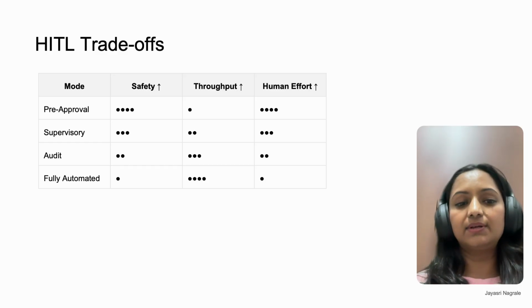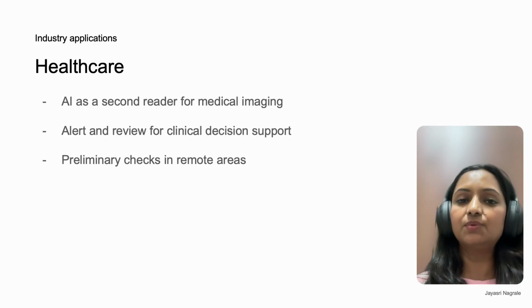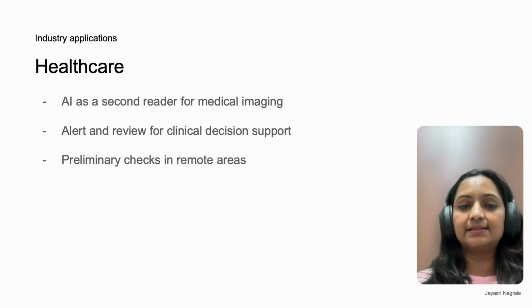So the next thing that we will look at is the different types of industries in which HITL is currently used, and what the pros and cons are for each industry, right? So currently in healthcare, AI acts as a second reader for medical imaging.